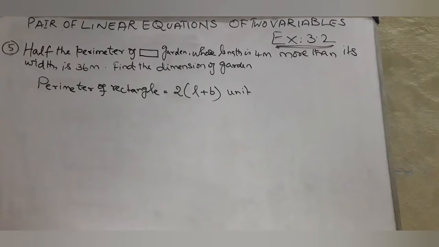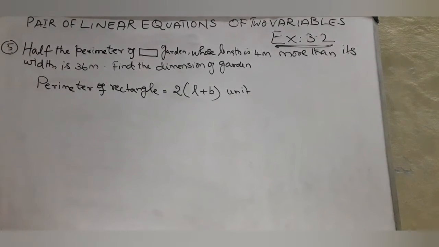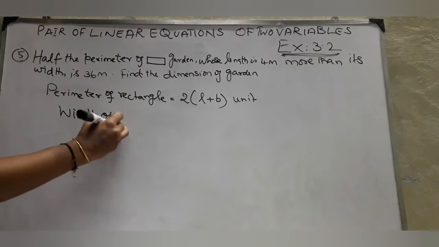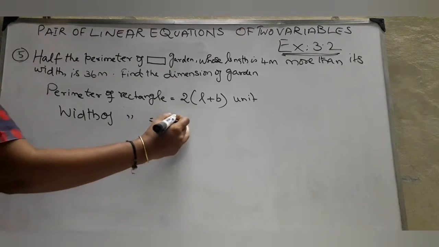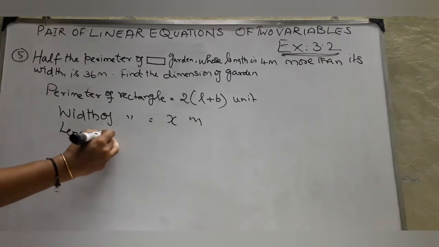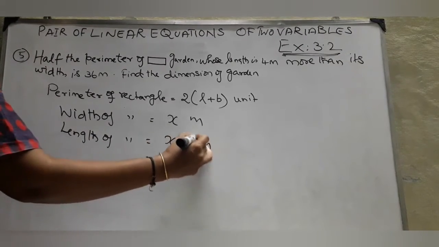The perimeter formula of a rectangle is 2 into L plus B. Width of the rectangle is equal to x meter. Length of the rectangle is equal to x plus 4 meter.